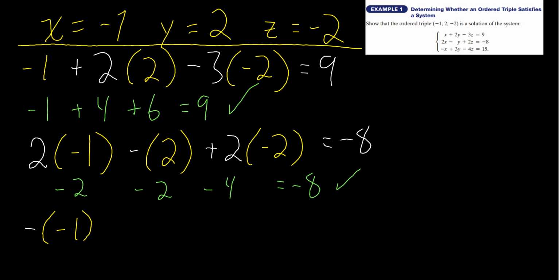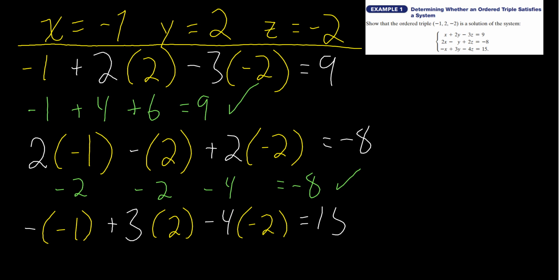And then we have a plus 3 times a y, which is a +2, and then minus 4 times z, which is a -2, and that is equal to a 15. So let's do the arithmetic again.